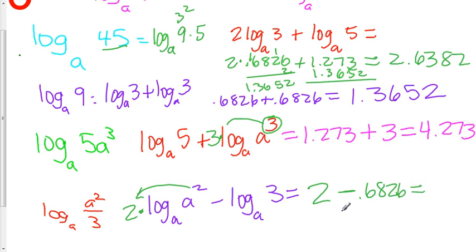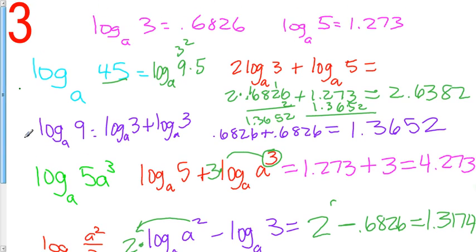And then, not having to use a calculator, you have to borrow and make that 9, and then a 9, and then a 9, and then a 10. And so when you subtract, you will get 1.3174. So somehow, some way with these, you're going to use your expanding properties of logarithms and these values to come up with these numbers that they give you.